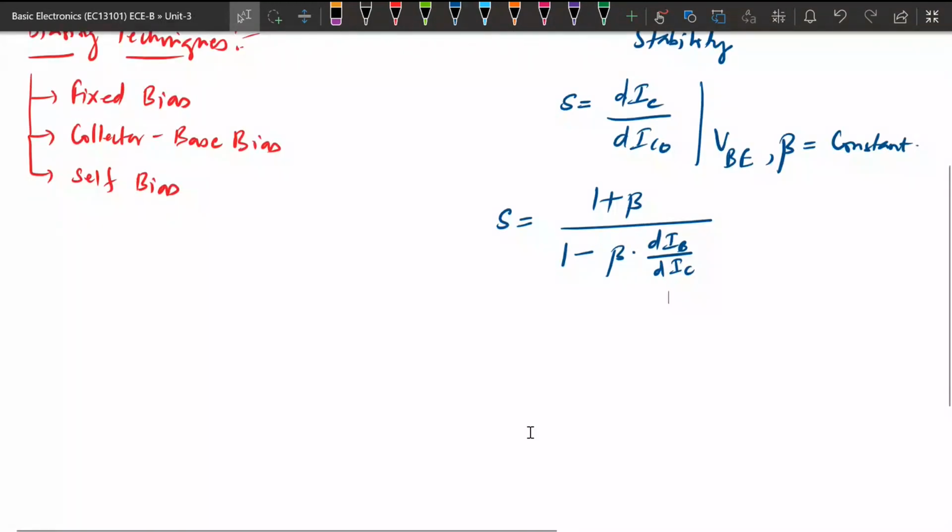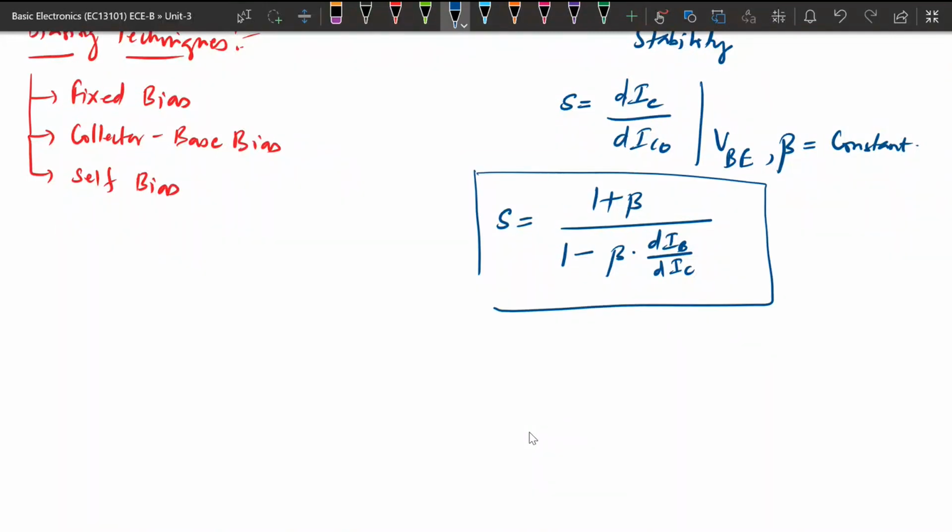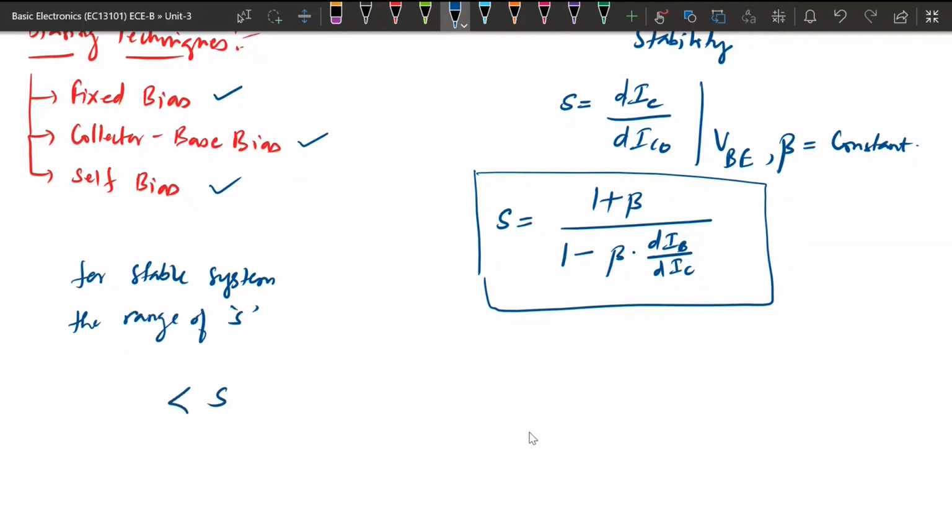So now we will see what this stability value is in case of fixed bias, collector bias, and self bias. We will see which of these biasing techniques are stable for biasing the BJTs. For a stable system, the range of S is between 1 and 1 plus beta.